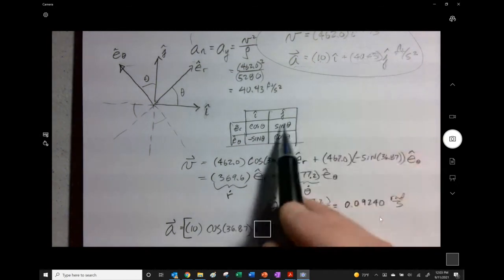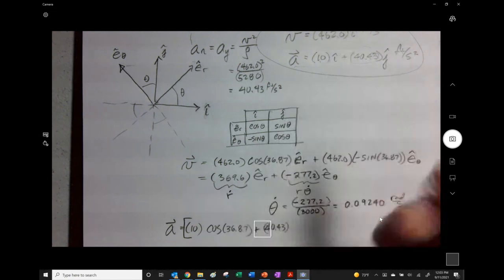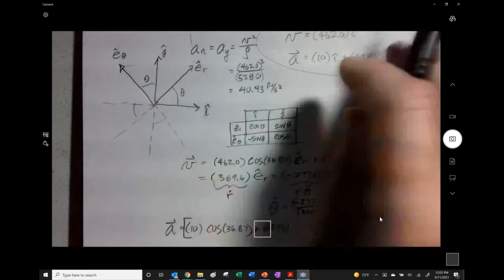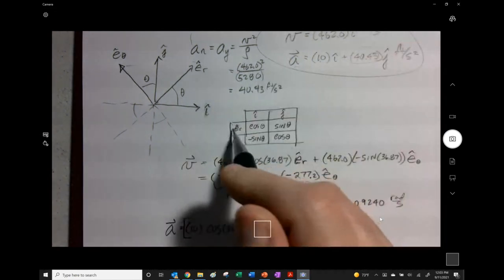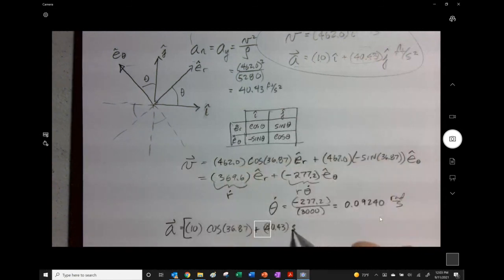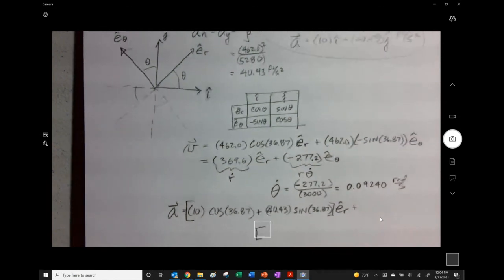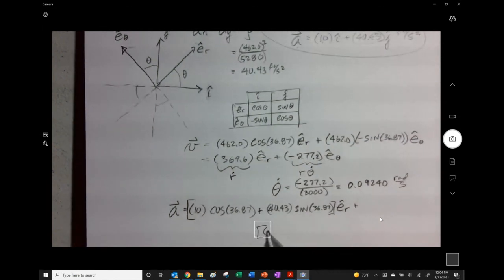I'm taking this one and multiplying it by here, right? Okay. I'm kind of crossing them out because I just want to only do the ERs. Okay, you do the E theta alone after. Yeah, I don't know if it's saving us any real time, maybe an itty bitty amount of time.